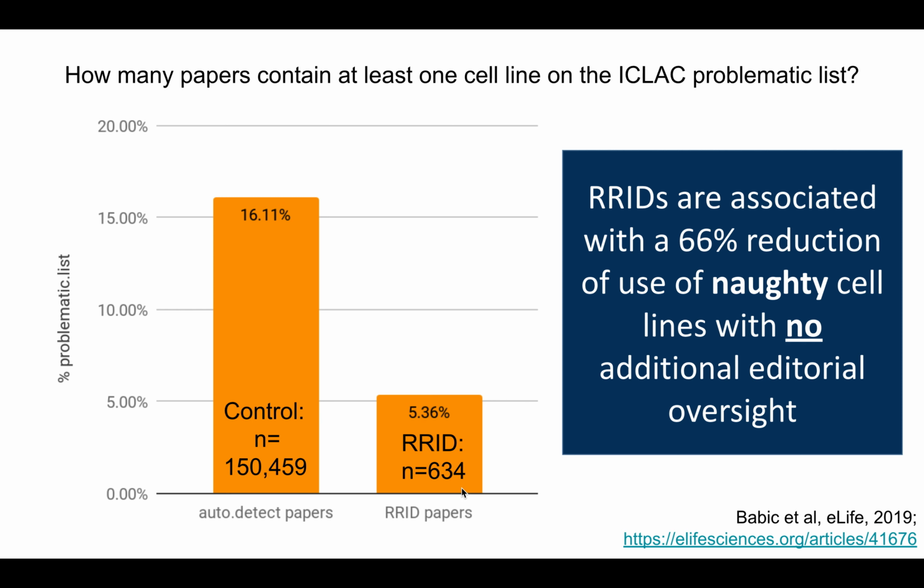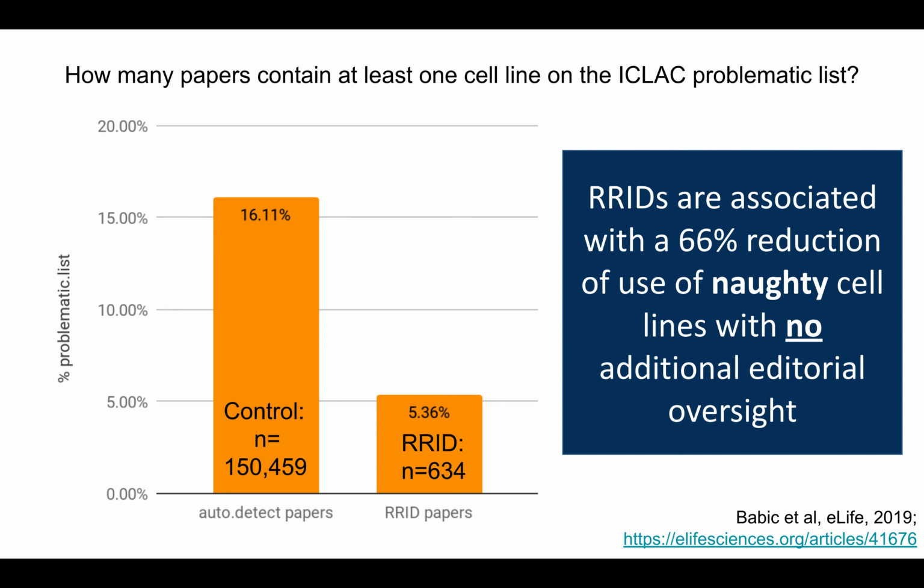So when we looked at the 634 papers that were published with cell line RRIDs at the time, it's way more now, but these papers only found, matched 5% of the time. So with no additional editorial oversight, without somebody beating people's heads in with "don't use these contaminated reagents," simply the note there.